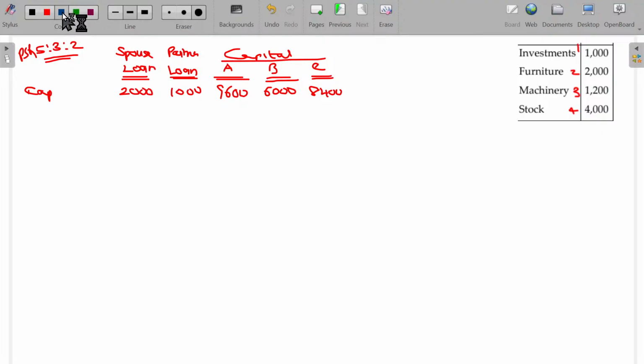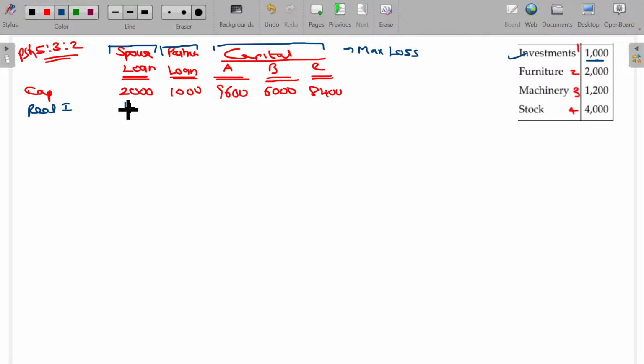Now, in the first realization, we get the amount realized by selling the investment. So, realization number 1. We get 1,000. To whom should it be payable first of all? This ranks first, second, and here we follow the maximum loss method.